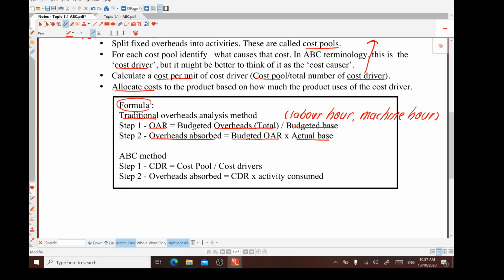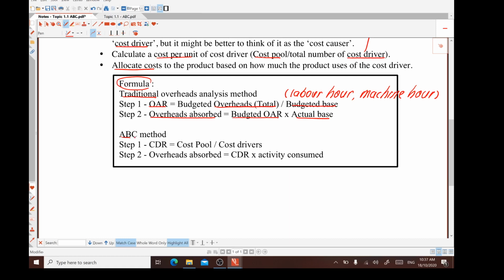Now, if you are looking into this budgeted OAR multiplied by the actual base, remember, the higher the base, the higher the total overhead cost that you can see. So in a way, what is more important from here is to make a comparison with the ABC method, as we have just mentioned.